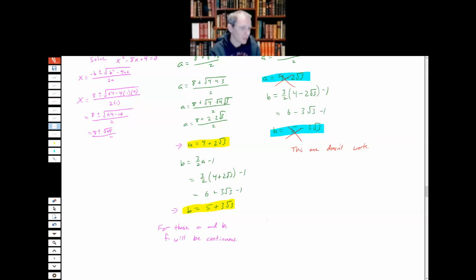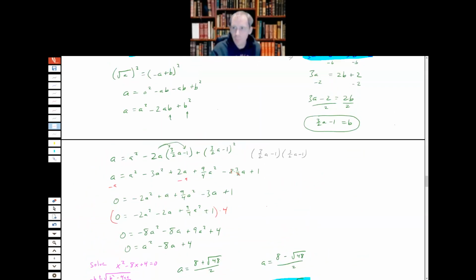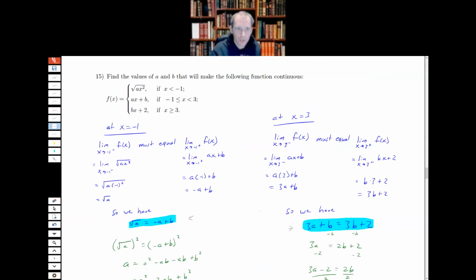Okay, now to answer the question that you probably didn't ask, but maybe you're worried about, are you going to get a question like this on the exam? What I want to emphasize is that this first part up here in blue, that's something that you can definitely see on the exam, right? Where maybe you find some values that'll make a function continuous.